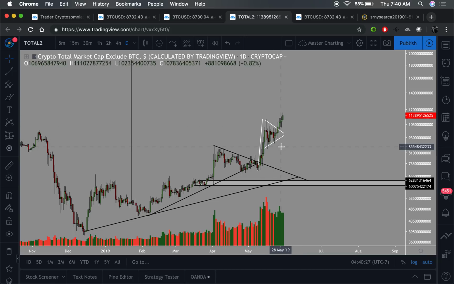It's really not the small shitcoins that move these total market caps by a whole lot, okay?